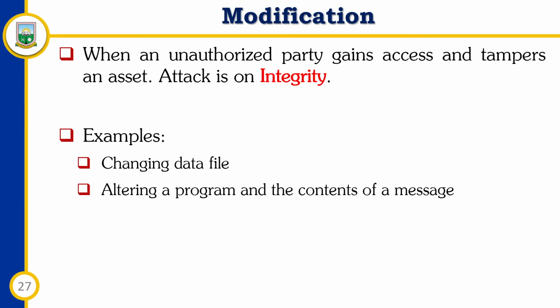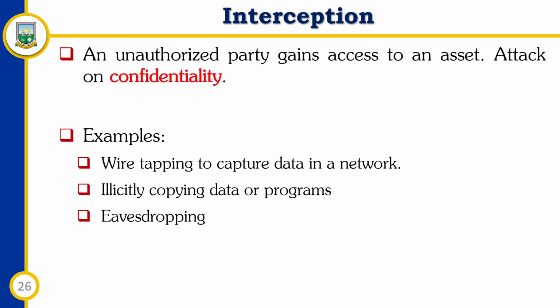Okay, so let me talk about the next one, which is the interception. So an unauthorized party tries to gain access to an asset. So this is a confidentiality attack. So when you have an unauthorized individual who gains access to an asset which they are not supposed to have access to, it's a breach of confidentiality.